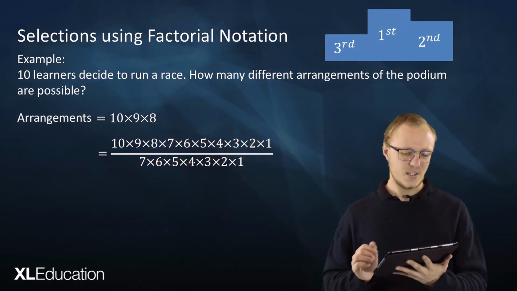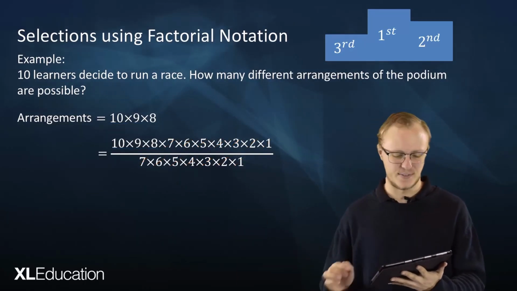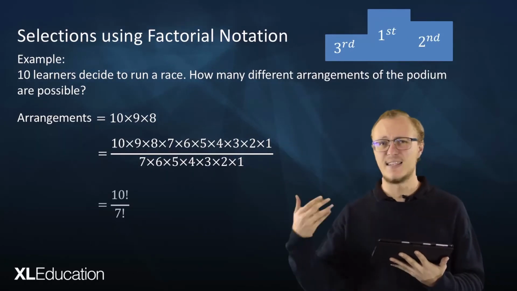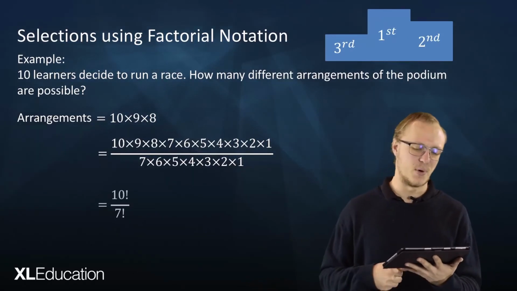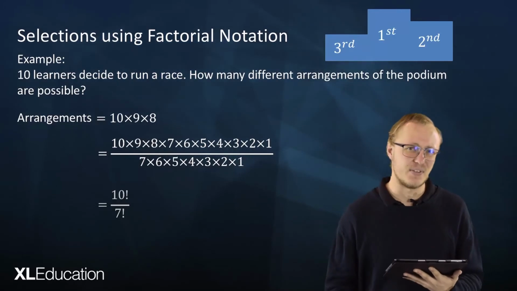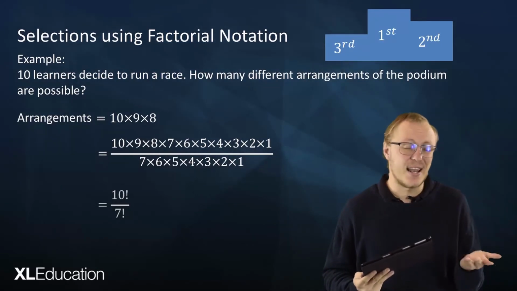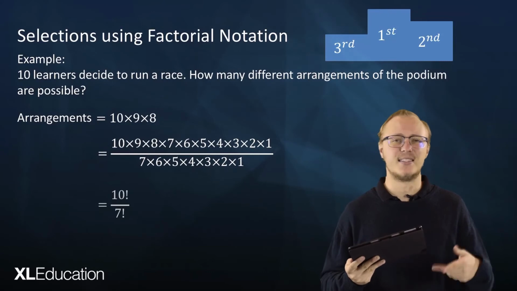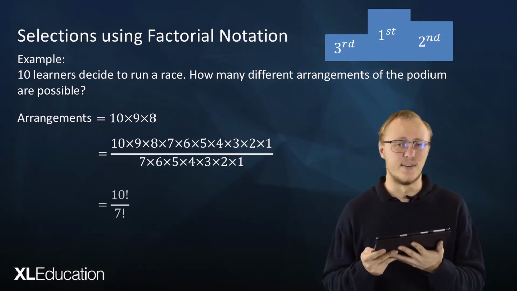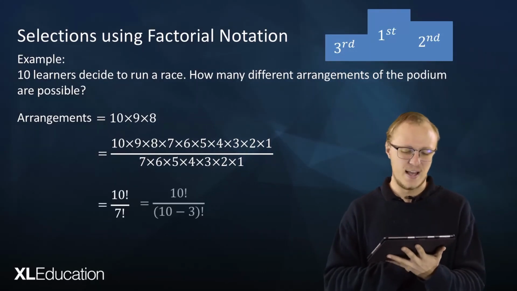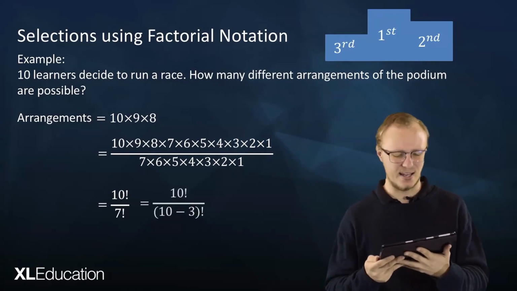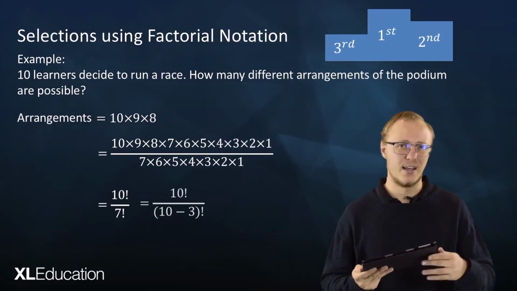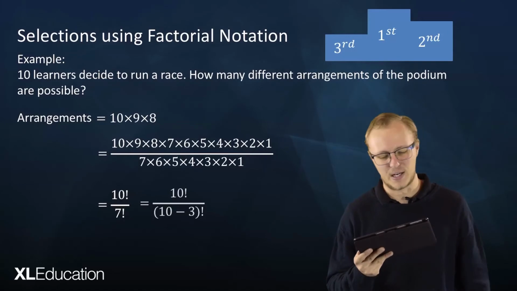But that 10 times 9 times 8 at the top can be represented as 10 factorial, and that thing at the bottom can be represented as 7 factorial. So we find that our 10 times 9 times 8 is equal to 10 factorial divided by 7 factorial, and that we can write as 10 factorial divided by 10 minus 3 factorial.